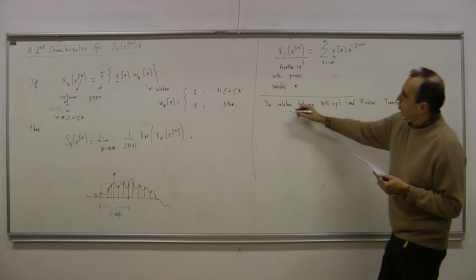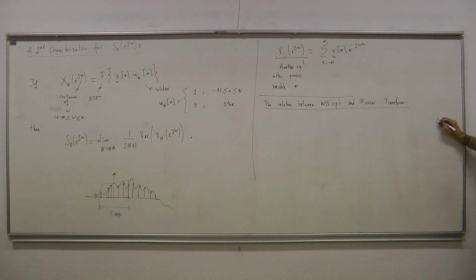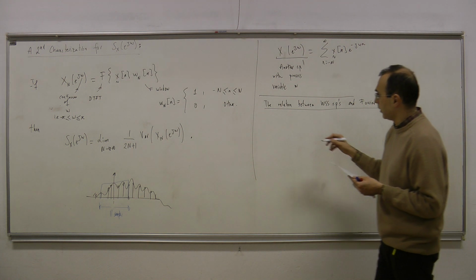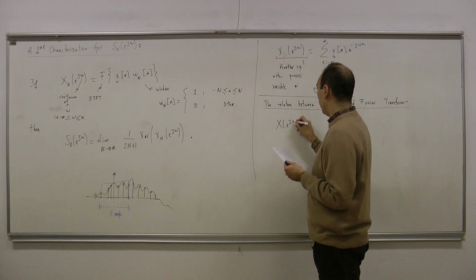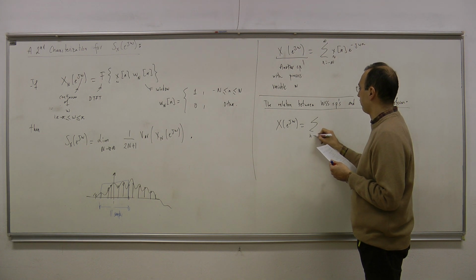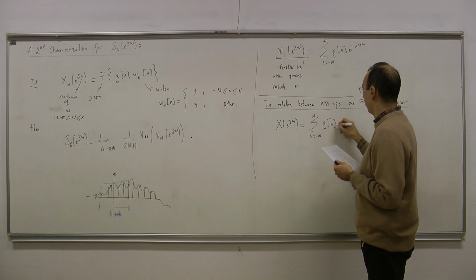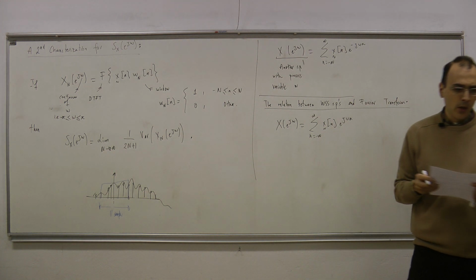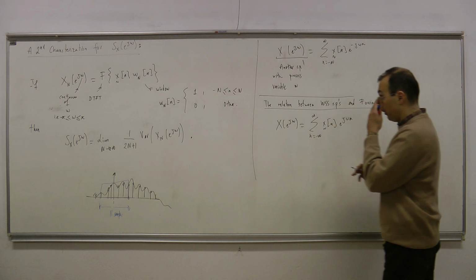So this is something you will appreciate a lot better after our last discussions on decorrelation, I guess. X of e to the j omega, again writing the same thing, sum from minus infinity to infinity. Let's say that this is a well-defined random variable.